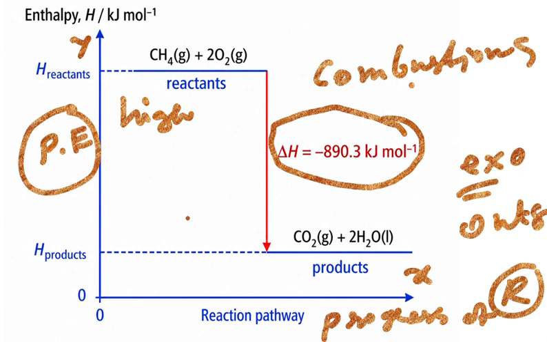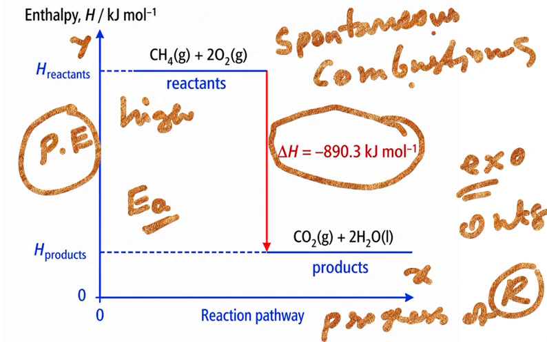So this is the energy profile diagram for the combustion reaction, and in this case the activation energy is less. Most chemical reactions of this kind have a small activation energy, so most of these exothermic chemical reactions are spontaneous, whereas endothermic chemical reactions are non-spontaneous.